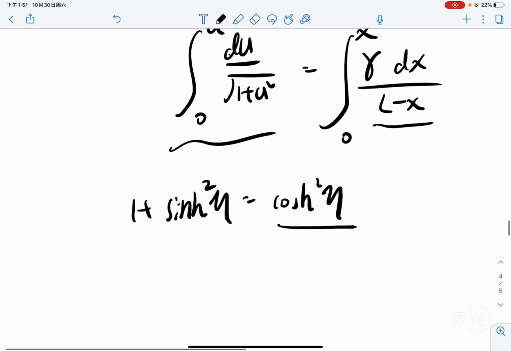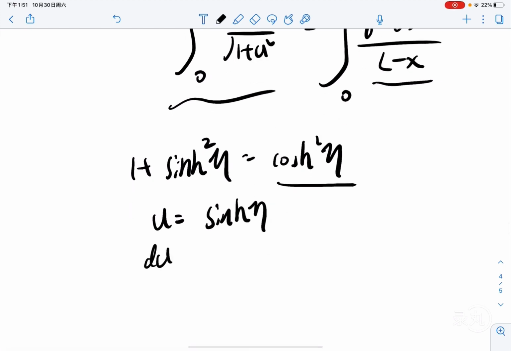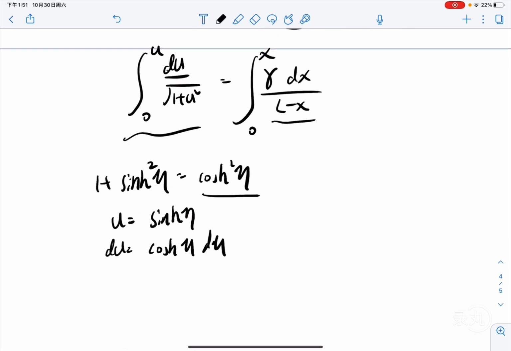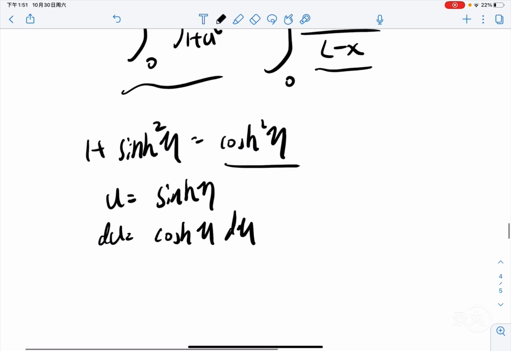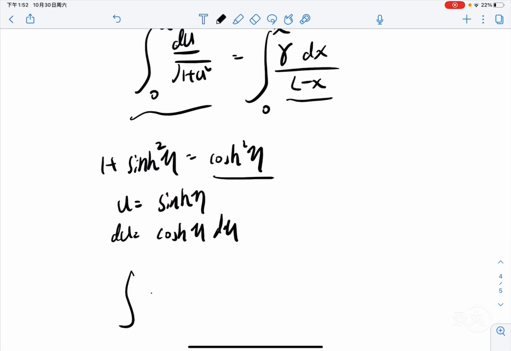So using u substitution, u is equal to sinh eta, and du is equal to cosh eta d eta. So now we can plug in, and we get the square root of 1 plus sinh squared, and this term is basically cosh, and the above term is also cosh.